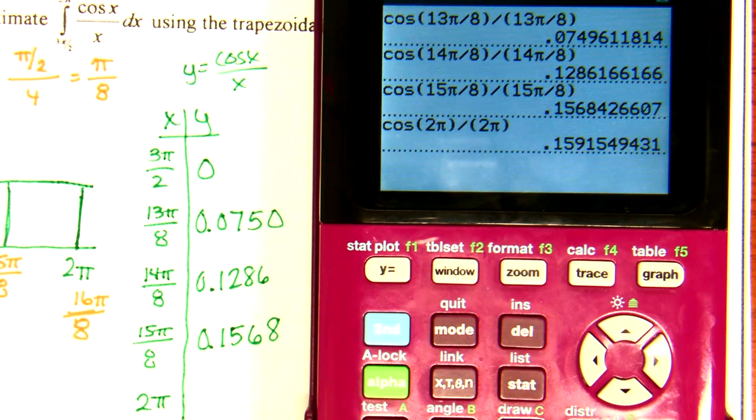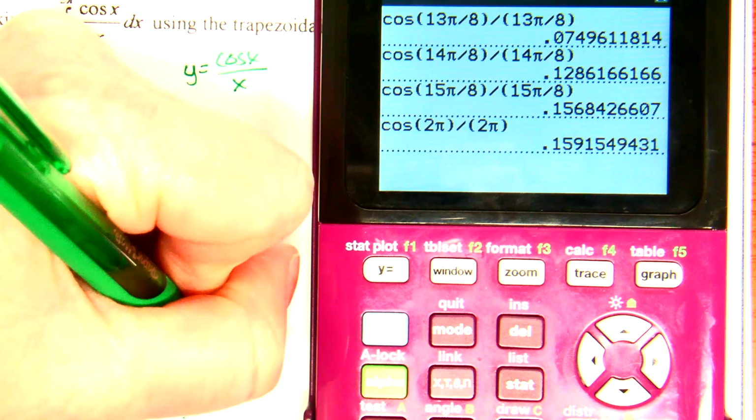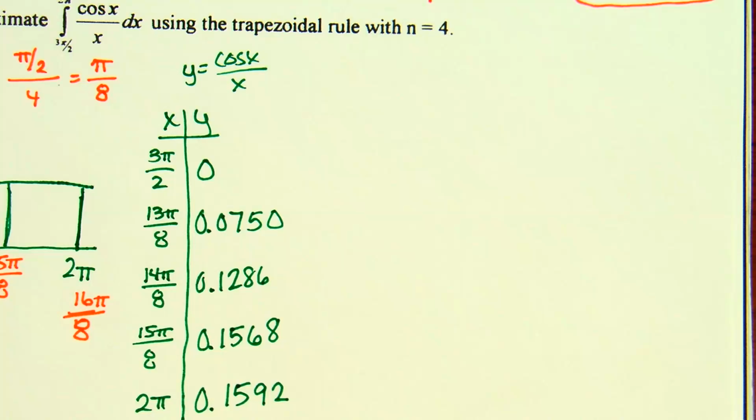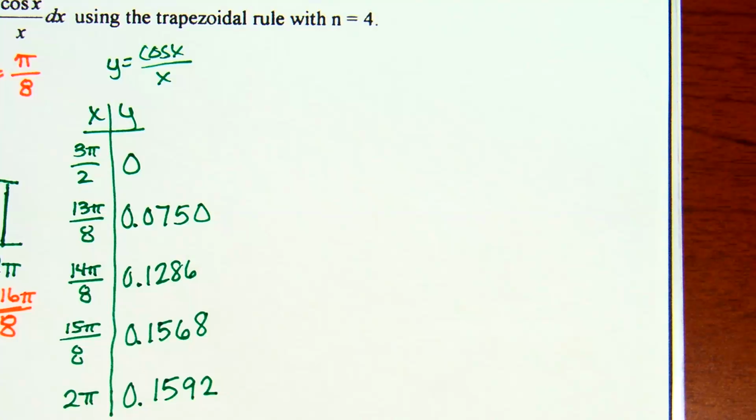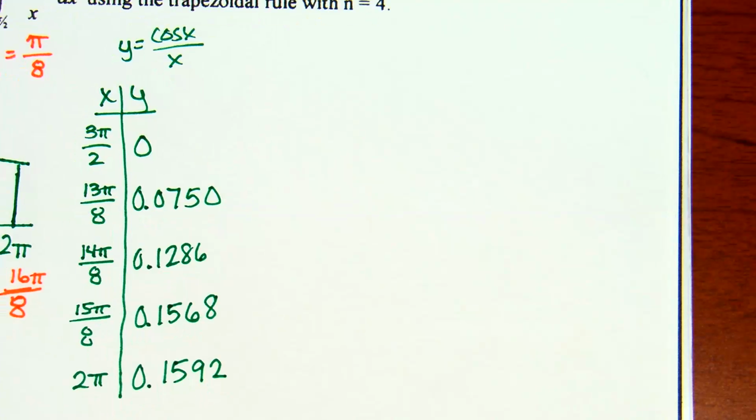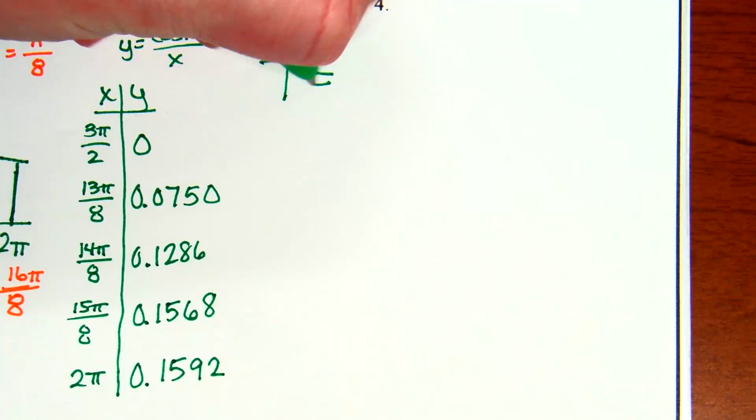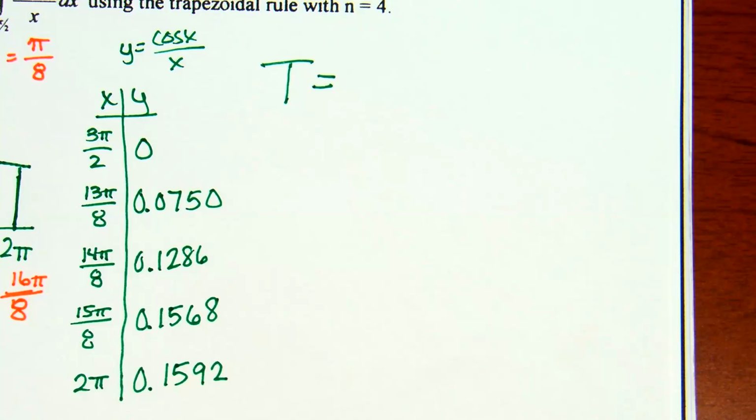Okay. Let's set up this equation. T equals. What am I putting in for B minus A? Okay, 2 pi minus 3 pi over 2 divided by, not just 4, 2 times 4.